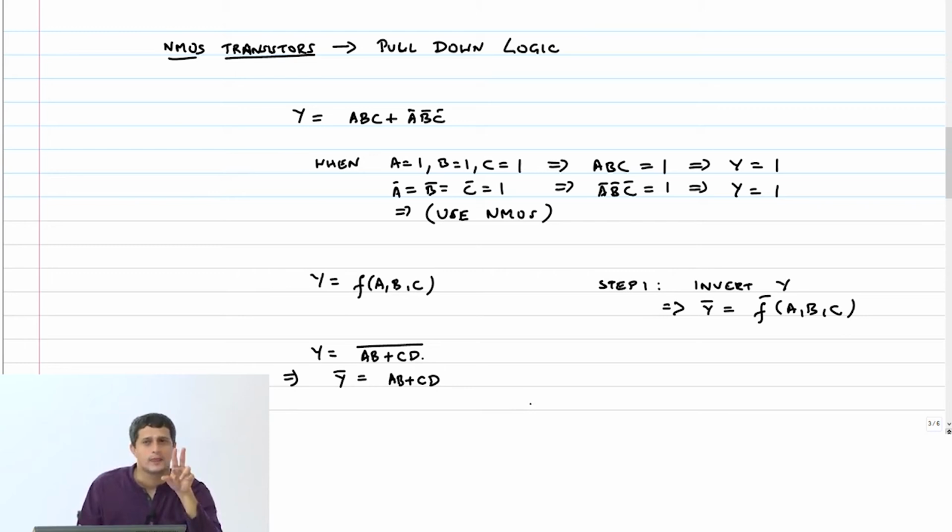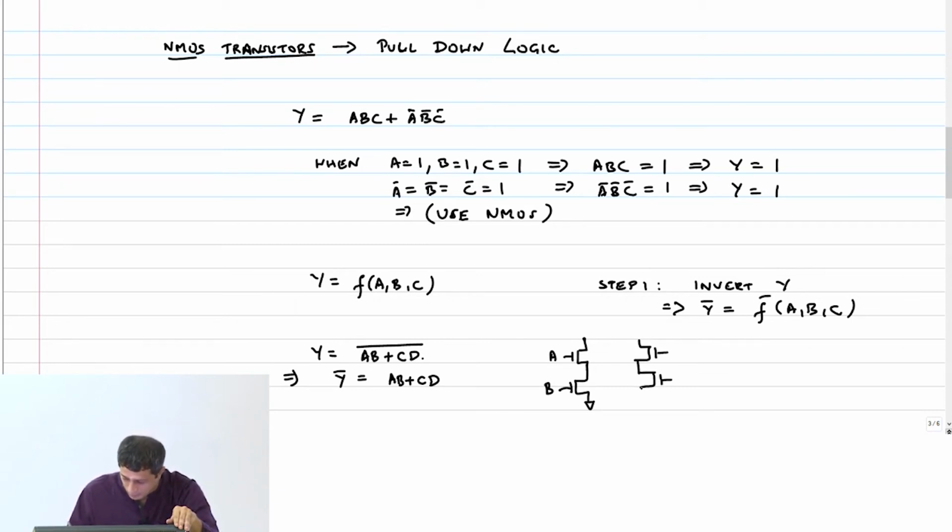Now I have A into B that has to be implemented using NMOS transistors, so I put two NMOS transistors in series, A, B. Now I have C into D, which has to be implemented, C and D. And these two should now be in parallel.